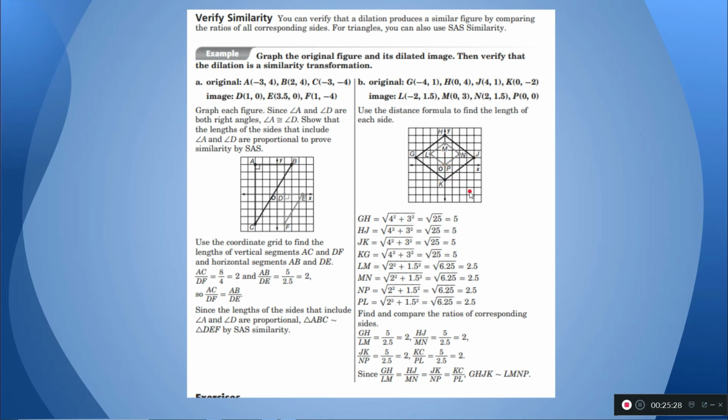So that's another way you can do it without the distance formula, but don't knock the distance formula. It's very important to know how to do it. Once you have the lengths of those sides, you find and compare the ratios of the corresponding sides, and again, you find that it is a factor of 2, that it is scaled by 2 each time.